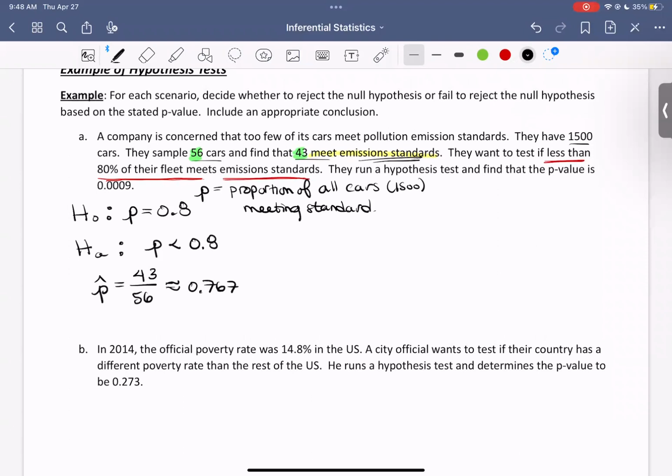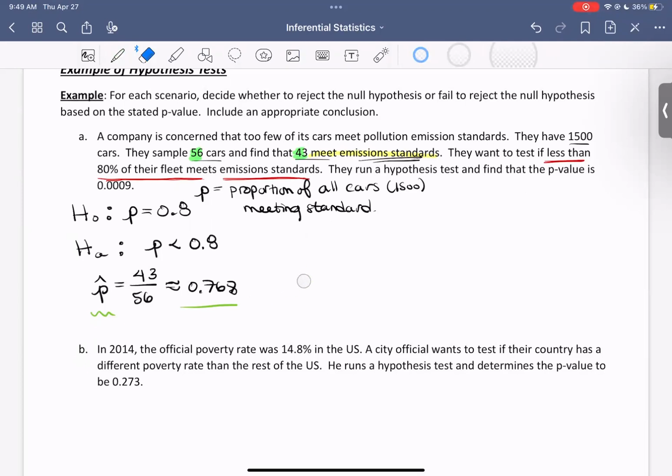So this sample proportion is less than that 80%. Now, using a hypothesis test where we compute the p-value, we can determine whether this is significant. Is this smaller proportion significantly less than 0.8? That's essentially what the hypothesis test is going to answer for us. All right, so let's continue that test.